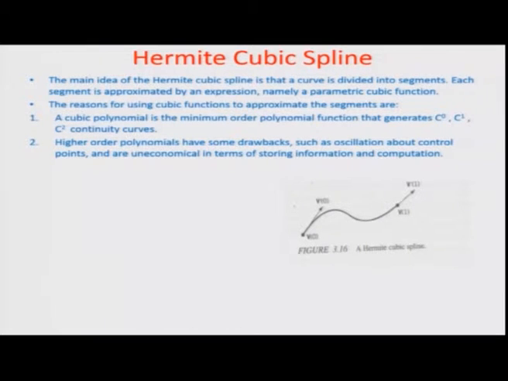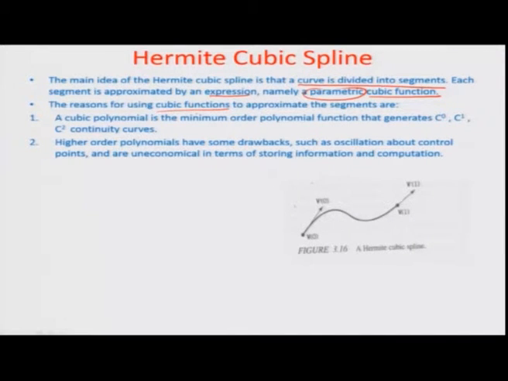curve? The main idea behind this particular geometry is that it is a curve divided into segments. Again, each segment is approximated by an expression, namely a cubic function. In this case, it is a parametric cubic function, and there are a variety of reasons for using cubic functions to approximate the segments.